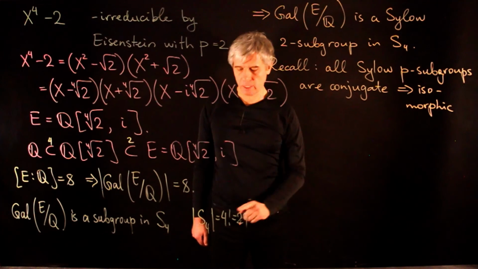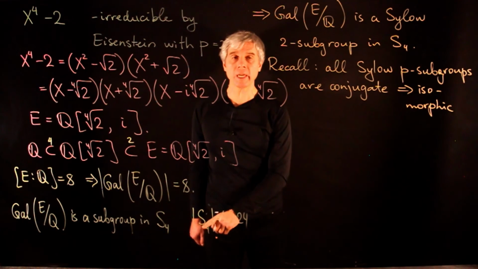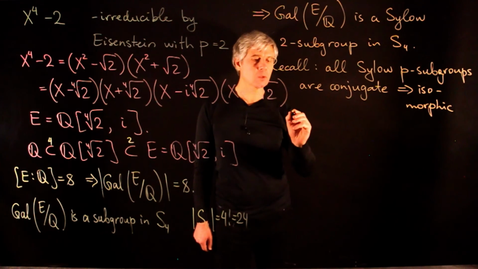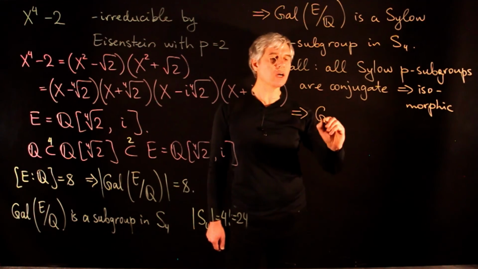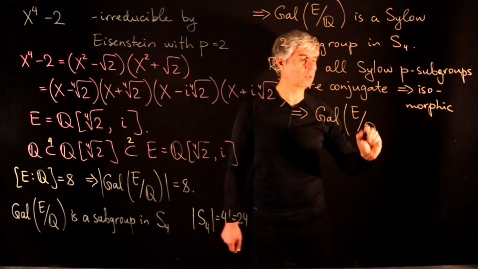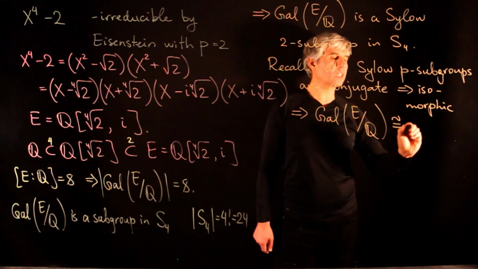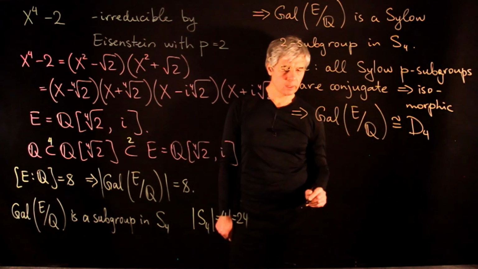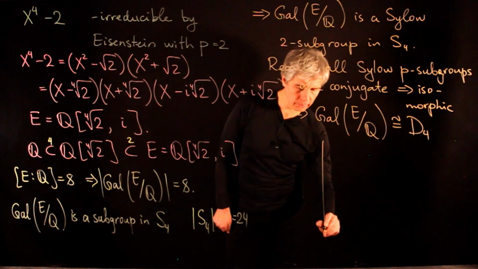And we know that D4 is a subgroup in S4 of order 8. So this tells us that the Galois group of this splitting field is isomorphic to the dihedral group D4.